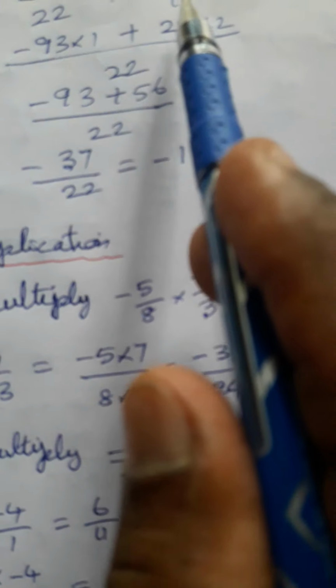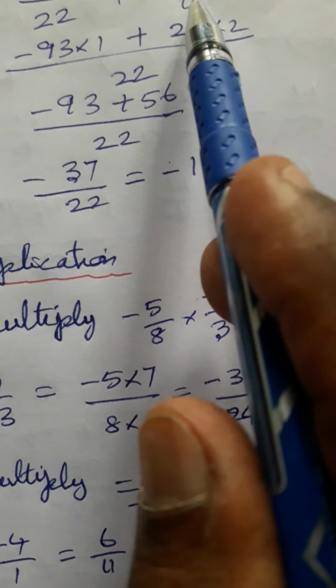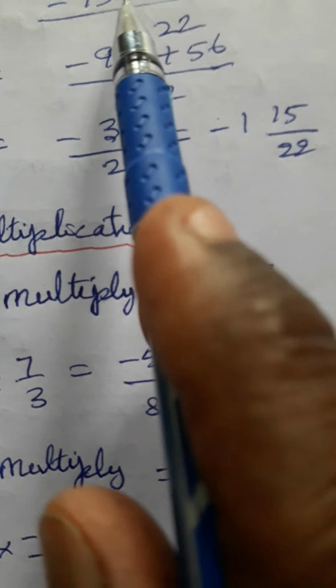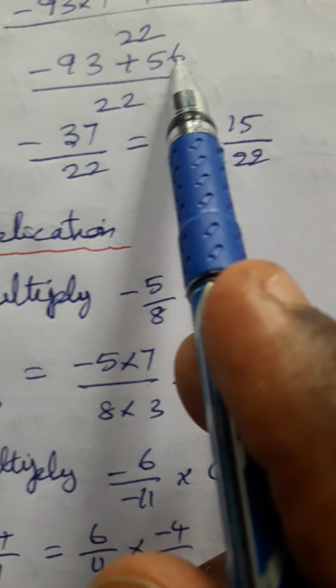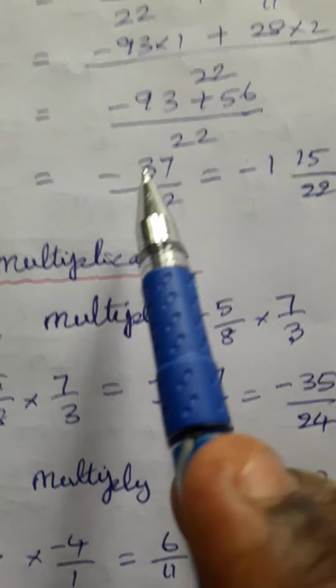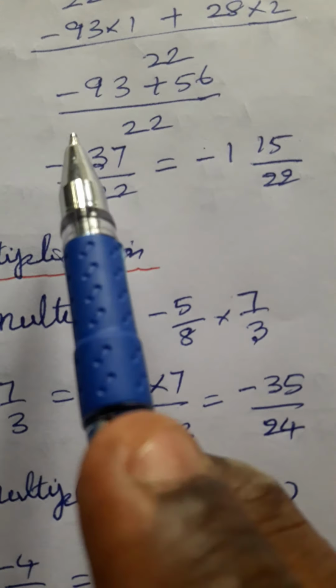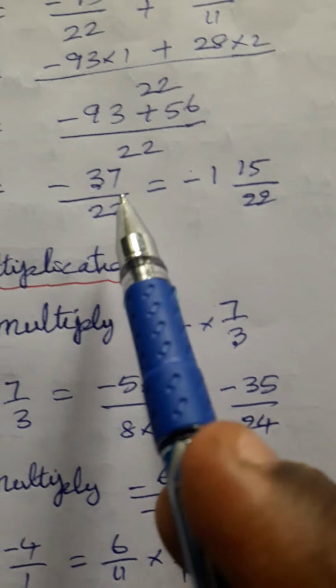So minus 93 into 1 plus here the denominator is 11. 22 has 11 two times. So 28 into 2. We get minus 93 into 1, minus 93 plus 28 2s are 56 by denominator 22. Add minus 93 plus 56, we get minus 37 by 22.